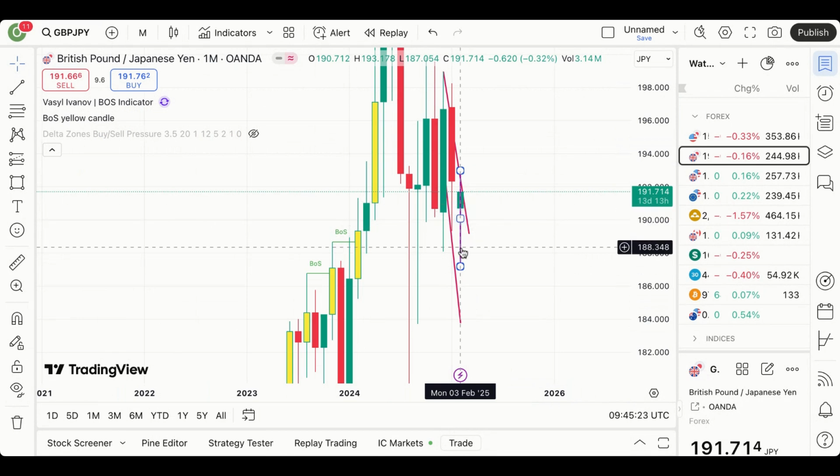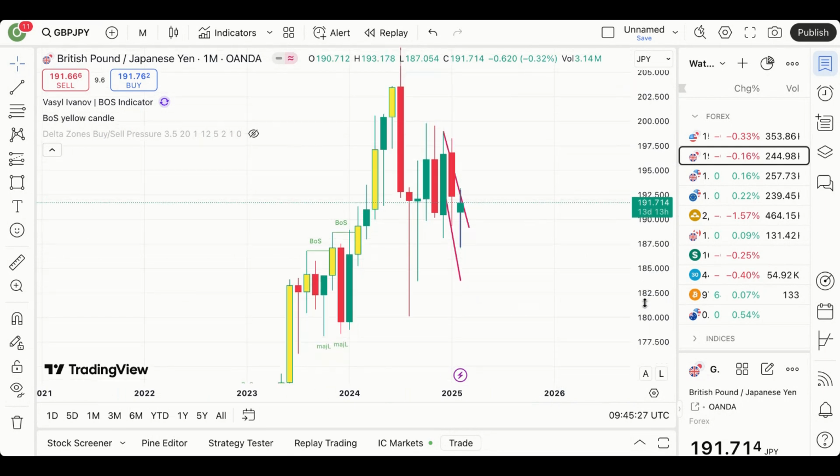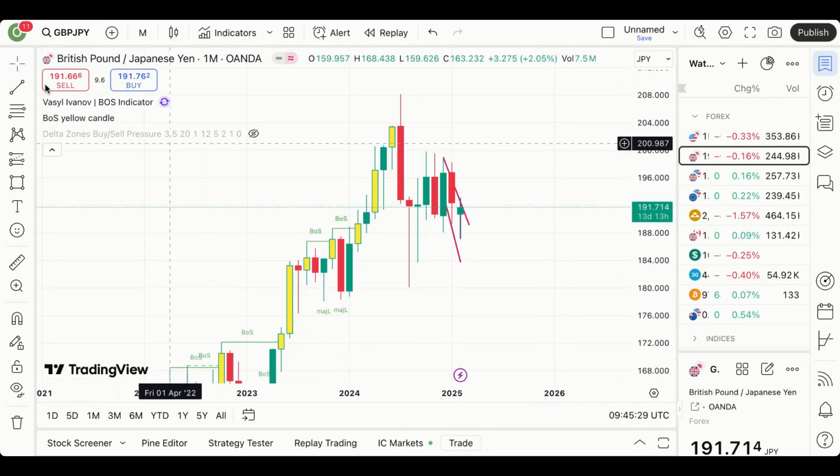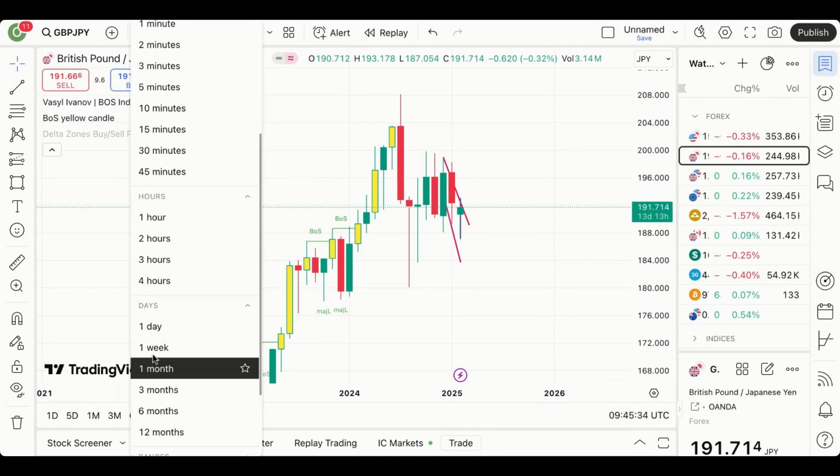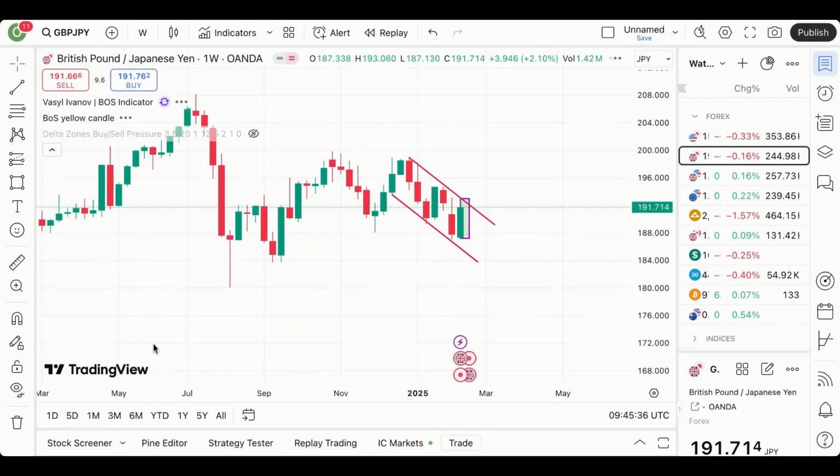Possibly still bearish. I don't know for now. We can't tell right now. But when you go to the weekly candle, you could see the pattern is going bearish. So it's bearish.